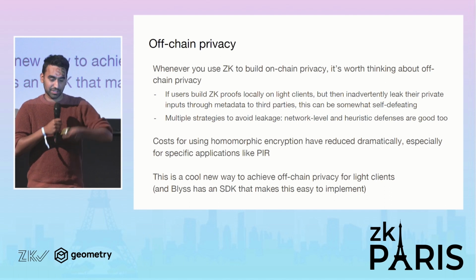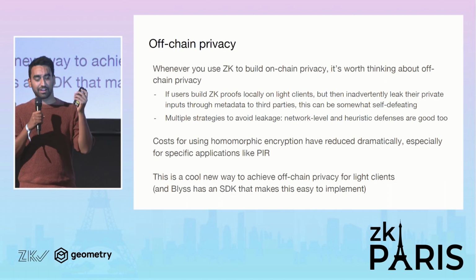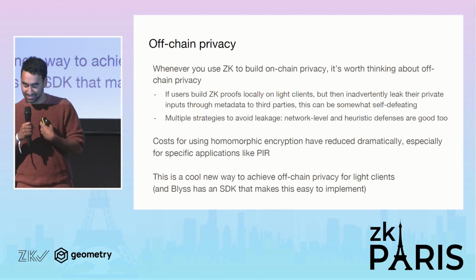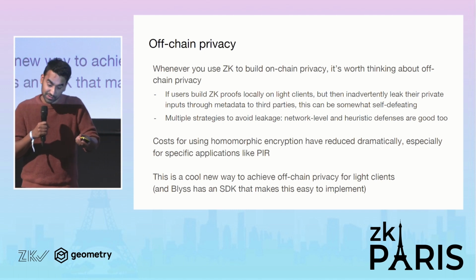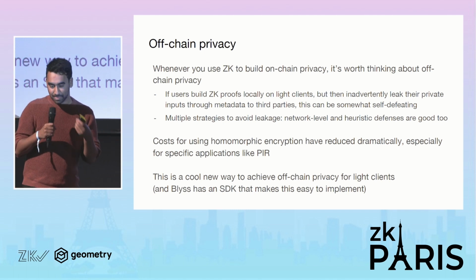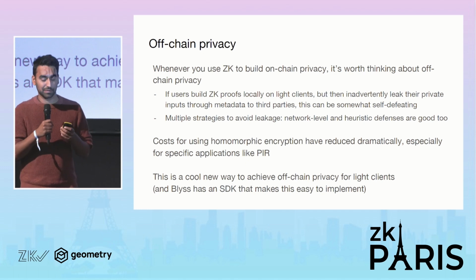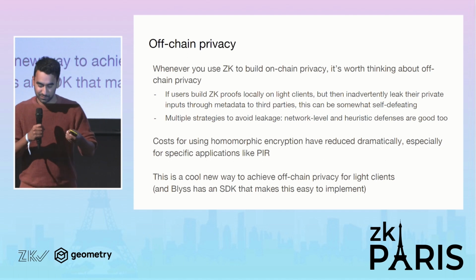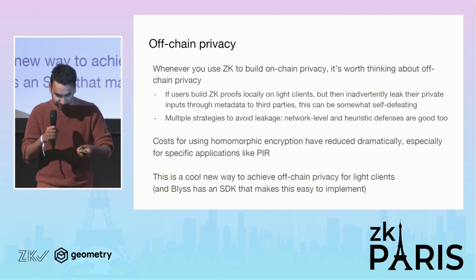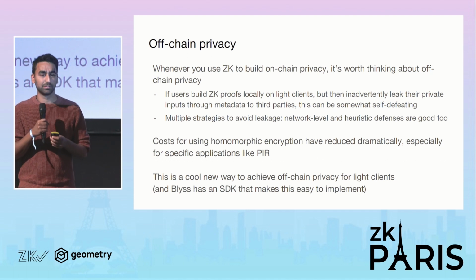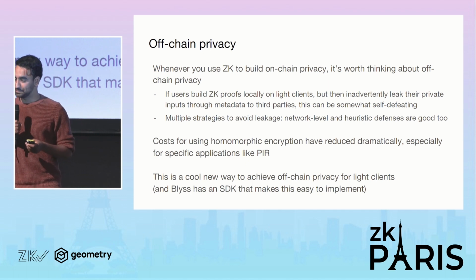And are we just throwing our hands up at that? I think there's finally cryptography that can solve this problem instead of more social solutions, or just trusting the RPC node provider. So I think PIR using homomorphic encryption is a really cool tool for that.